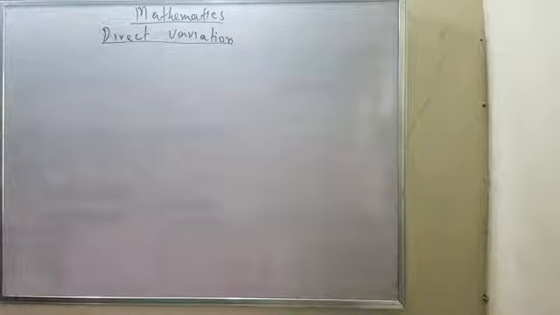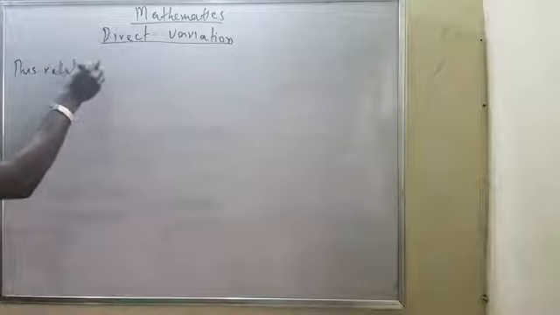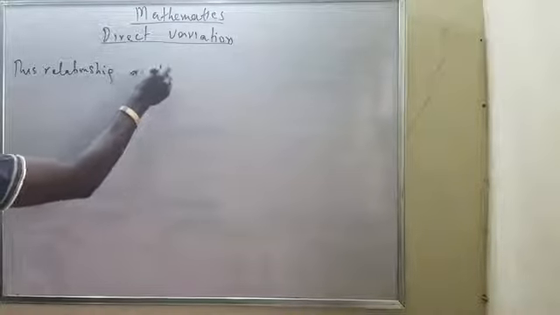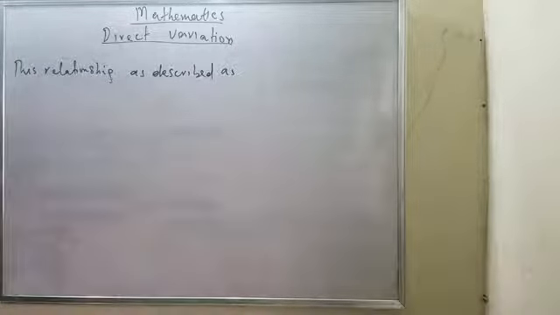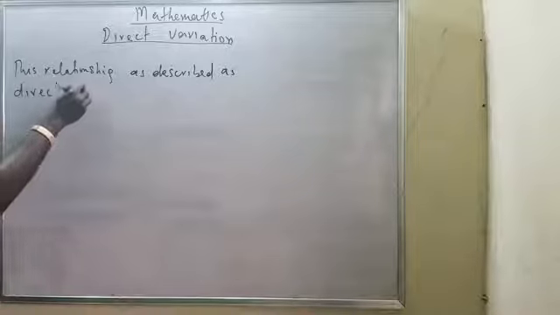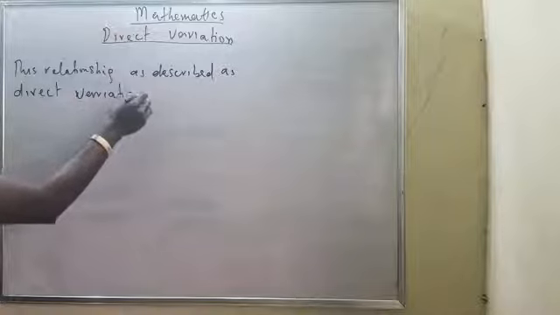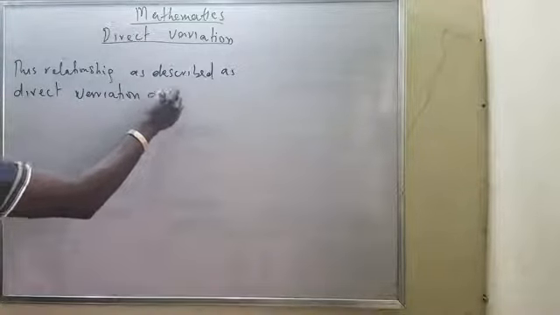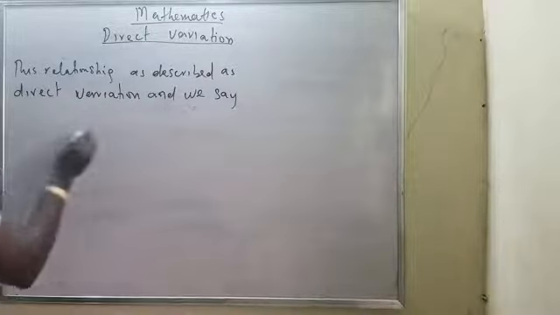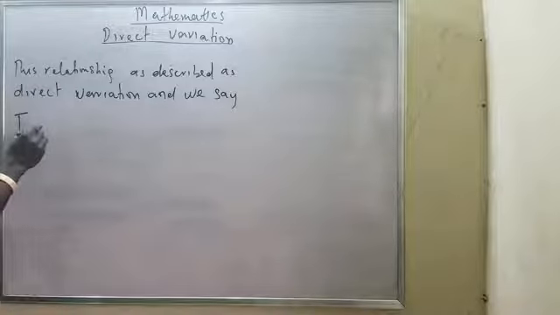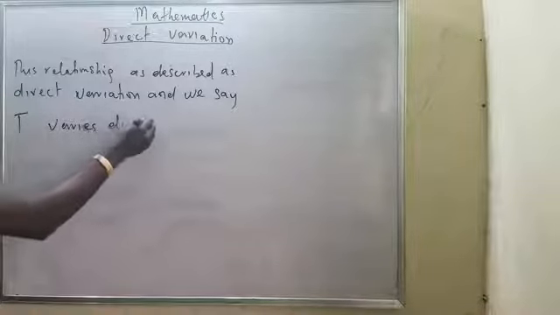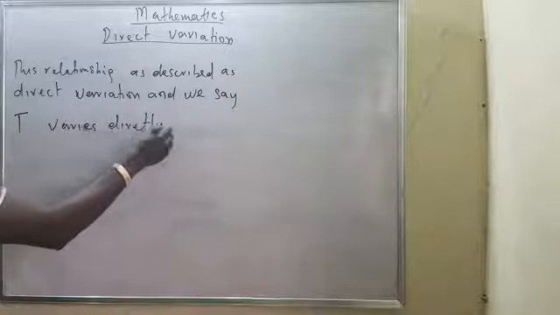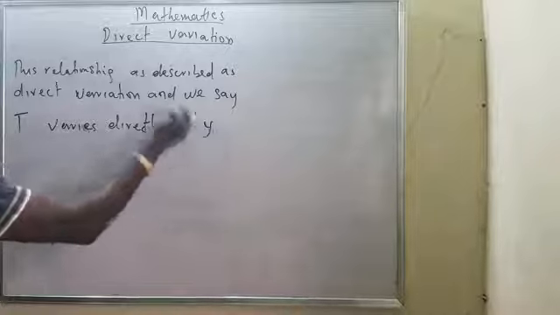When something is a direct variation, this relationship is described as direct variation, and we say t varies directly as y. That is the meaning.